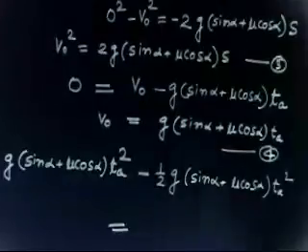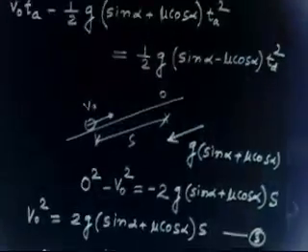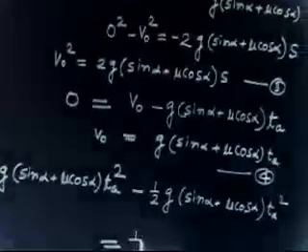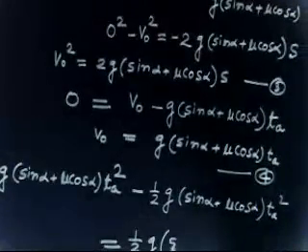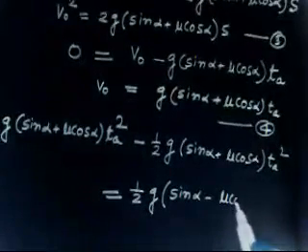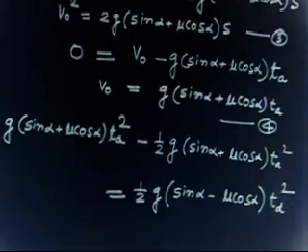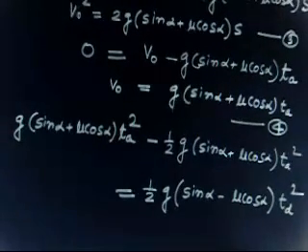And this side you will have half g sin alpha minus mu cos alpha t d square. Now everything is simple, I am just doing the mathematics.